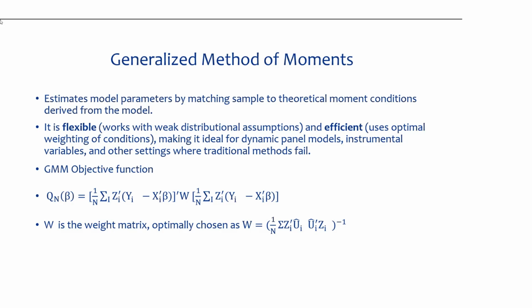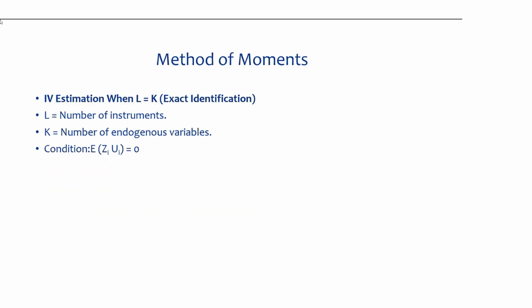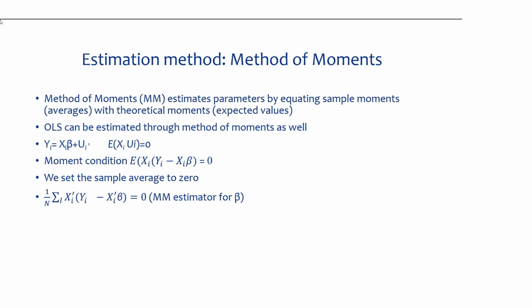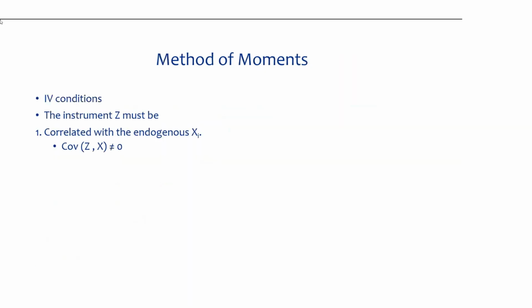We need to find beta. We define a function for beta. This is what we are looking at. We need a function that will help us to find beta. Okay. How are we going to do this?